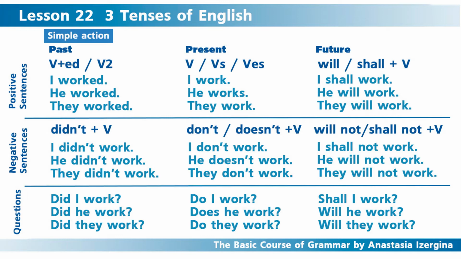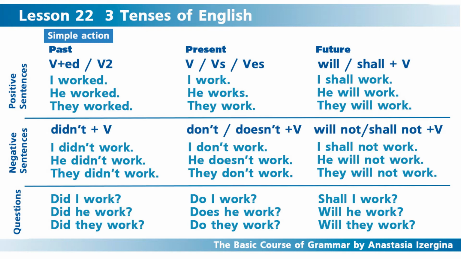Positive sentence. The formula for the positive sentence structure of our verb is verb plus ed ending, or the second form of an irregular verb. In present, we are going to use our verb without any endings in some cases, with s ending or es ending. And in future, we are going to use our verb together with the auxiliary verb will and shall in front of it.